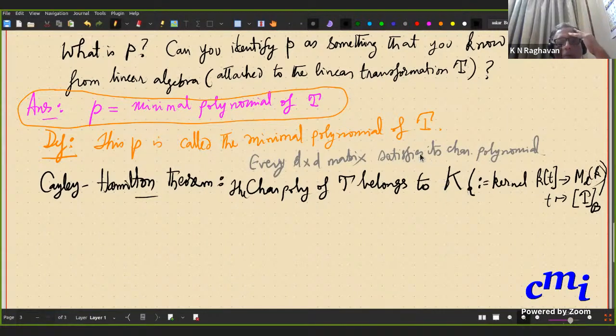Okay. Now, what does this mean? When does something belong to K? What is the generator of K? We've called it P, right? And that generator we have called the minimal polynomial. So, in other words, how can you say this?